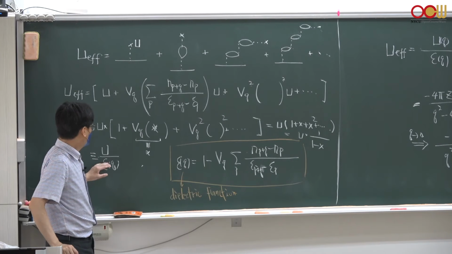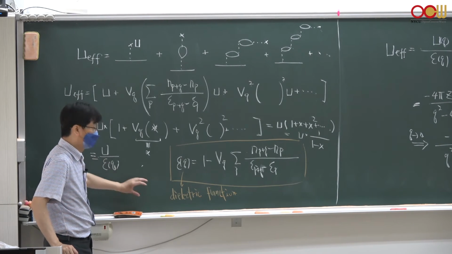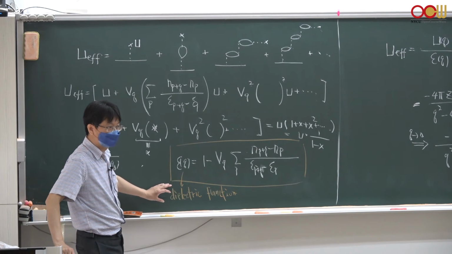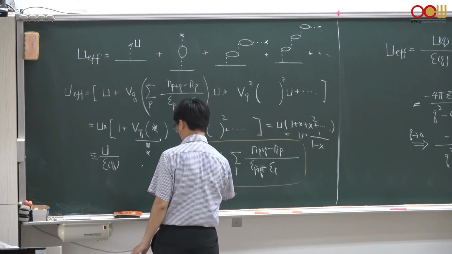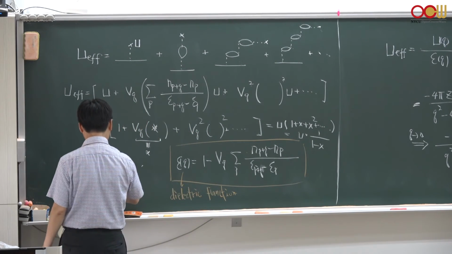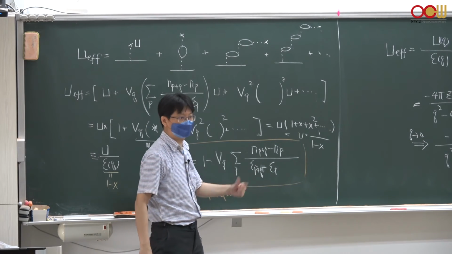Okay, so this denominator is called epsilon of Q, the so-called dielectric function in ordinary metals, which is 1 minus x, where x is given by VQ times the bracket, right?